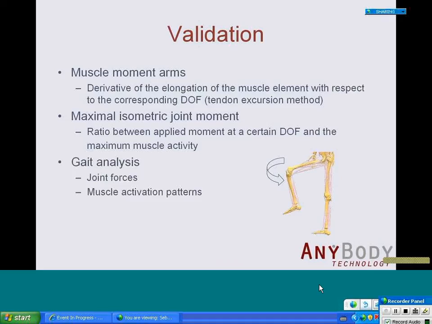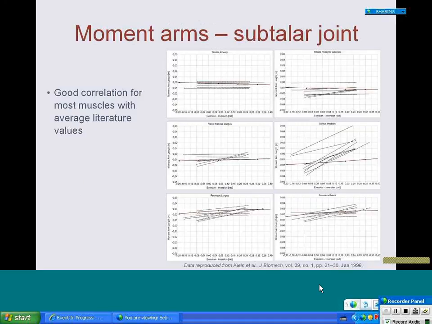So first of all, you can see here moment arms for different muscles for the subtalar joint. And you can see here data from a study of Klein. And you can see the red line here, in each of these muscles, which represents the computation in our new leg model. And as you see, for most muscles, it really fits very well to the average literature values.